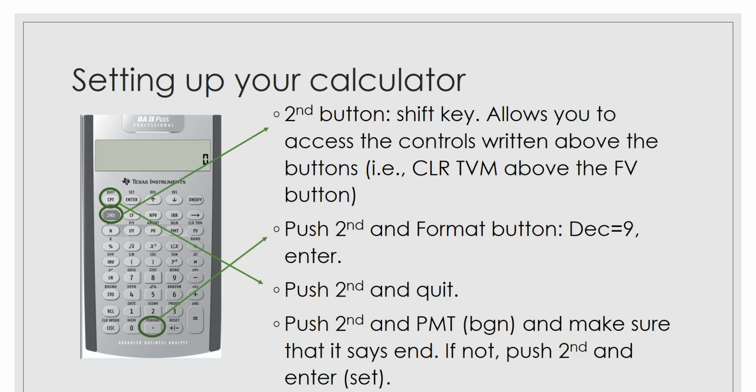Without that, you may get rounded answers that aren't correct. So to make sure that your calculator is formatted correctly, you need to push the second button, which is the dark gray button, and the format button, which is the decimal located on the bottom row of your calculator. We need to set the decimal equal to 9.